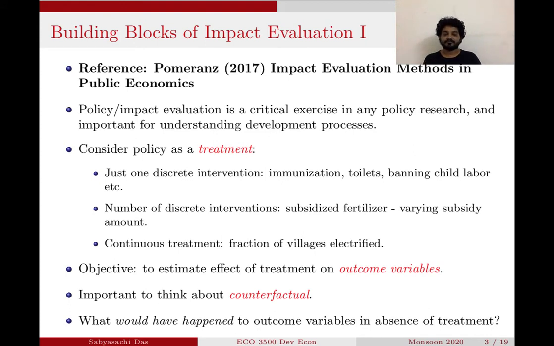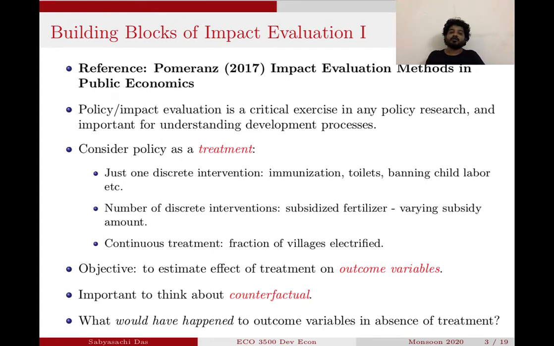In the case of immunization, you could have the health outcome of the children as the outcome variable. So the outcome variable is some desired goal that the policy intervention wants to reach, and you want to create a metric using this outcome variable to measure the effectiveness of this intervention or treatment.